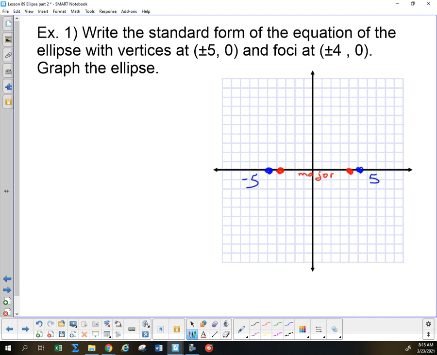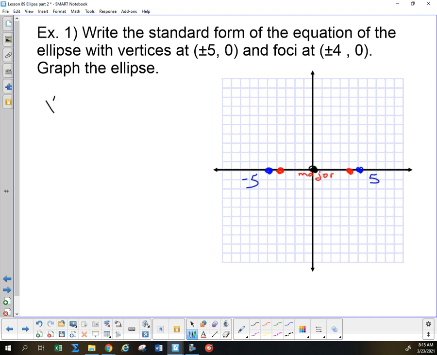So I know this has to be a horizontal ellipse. Now I'm going to write down what I know so far. I can also figure out where the center is. The center has to be exactly halfway in between those 2 blue vertices, or halfway in between those 2 foci. So the center does have to be 0, 0.